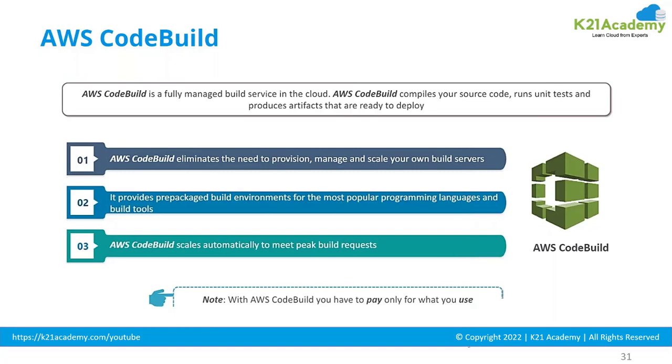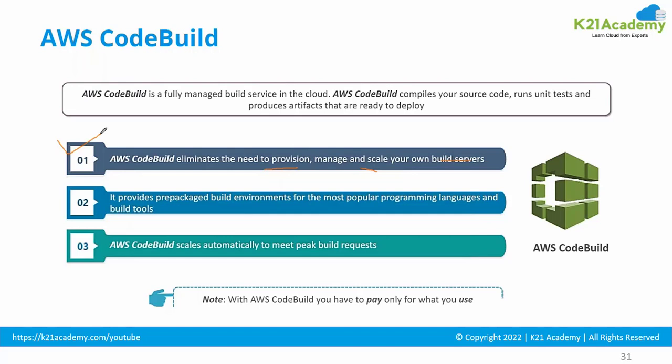So what are the benefits of CodeBuild and what is so different, and what benefits would we get from CodeBuild? CodeBuild will eliminate the need to provision, manage and scale your own build servers. Very important advantage. The most predominantly used build server or continuous integration CI/CD software is Jenkins.